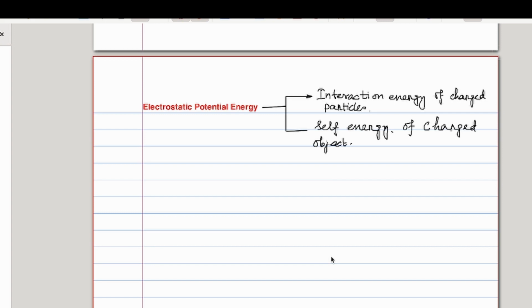So next concept is the electrostatic potential energy. This can be defined in two ways. One is self energy, which will be discussed in the Electrostatics-2, and another part is interaction energy. So what is interaction energy?